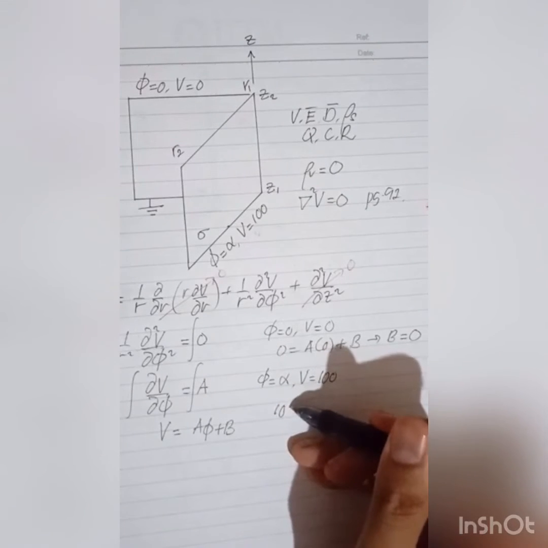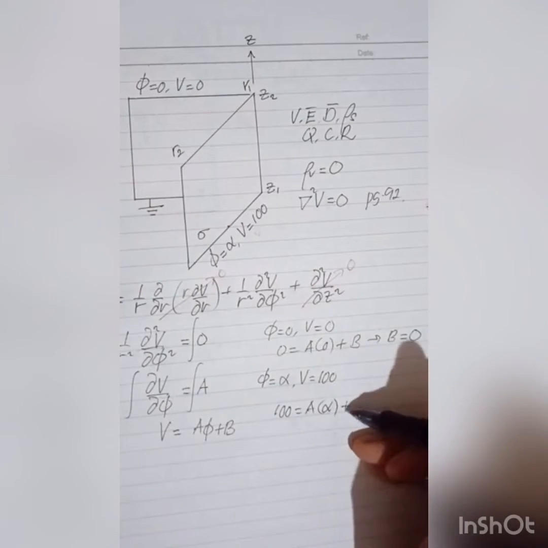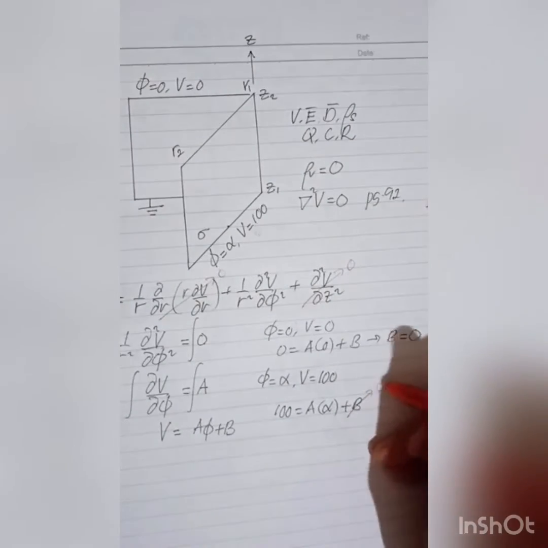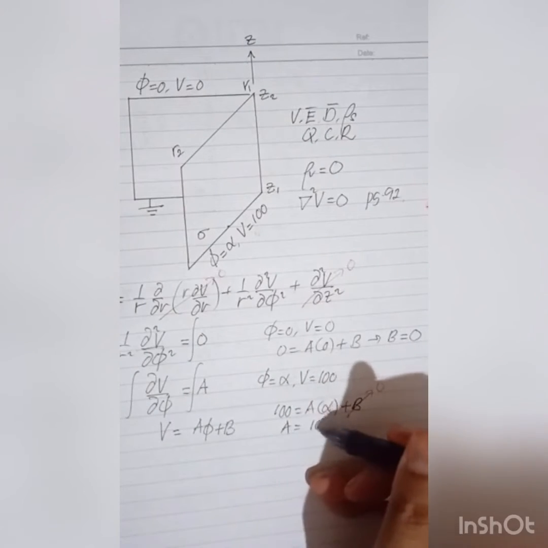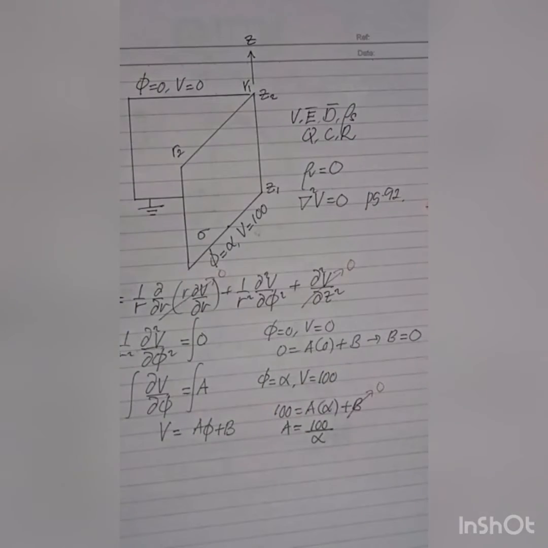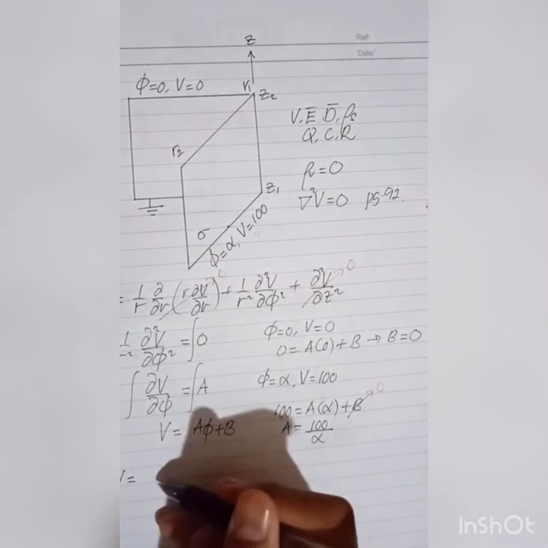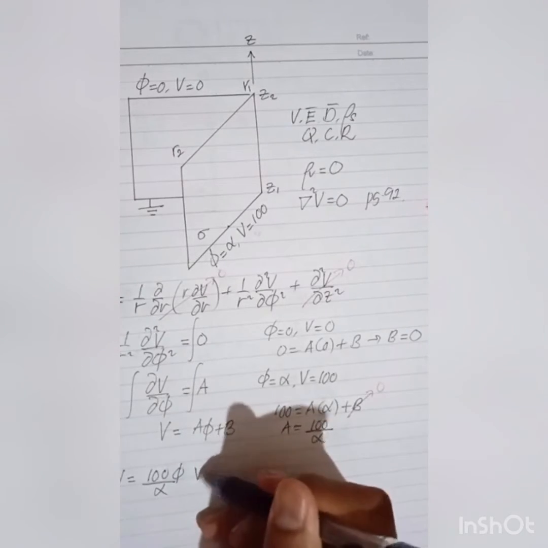So 100 equals A alpha plus B. We obtained earlier that B is equal to 0, so now the A value becomes 100 over alpha. Now we have the B value and the A value, so let's substitute into this equation. We have the final equation of potential equal to 100 phi over alpha volts.